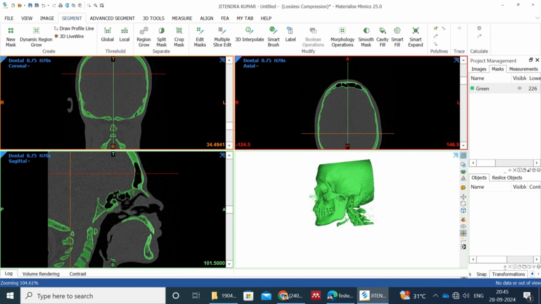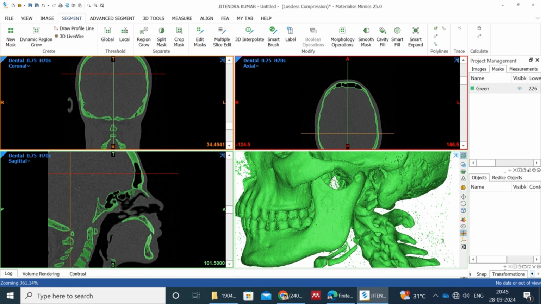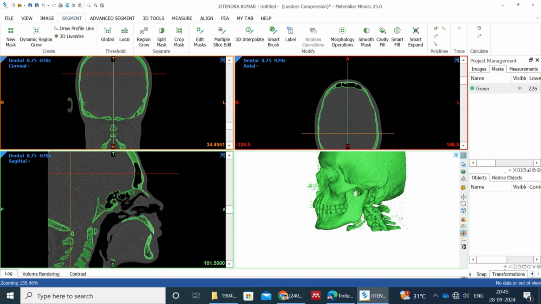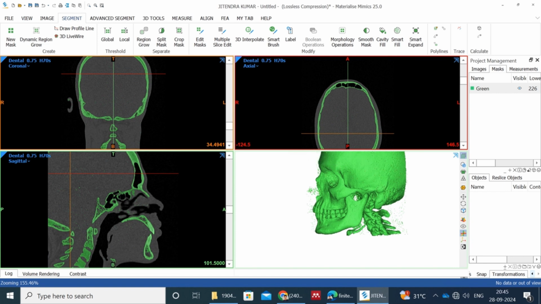Now we are interested in separating this mandible from the skull. You can see this mandible is connected with the skull. So we want to segment out this mandible. How can we do that? There are various tools here, like split mask and region grow.